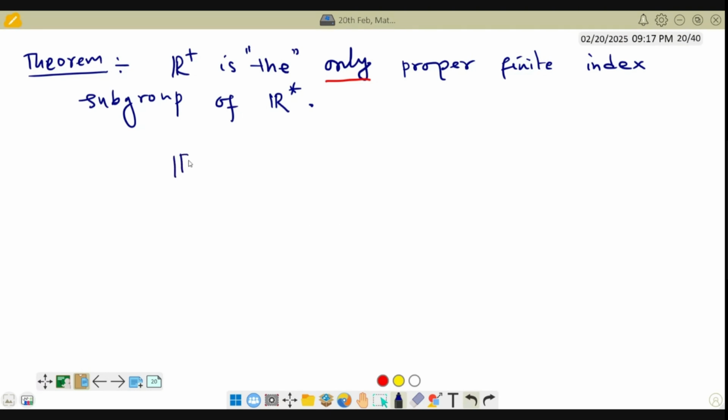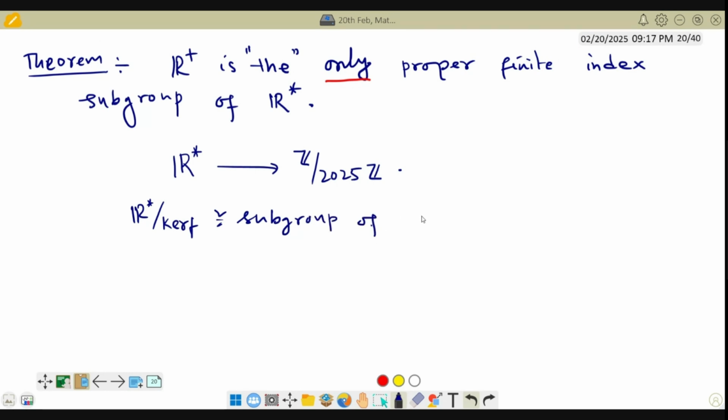Like for example, R star to this. How do you calculate this? Now what can you say about the order of this? 2.